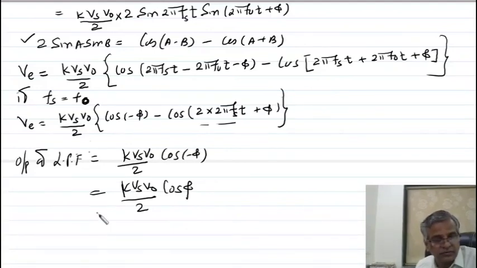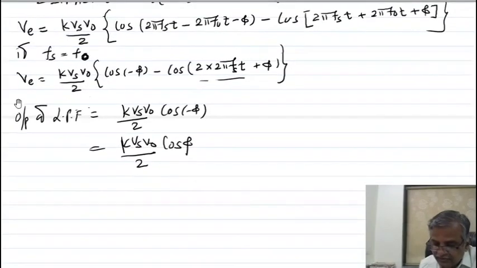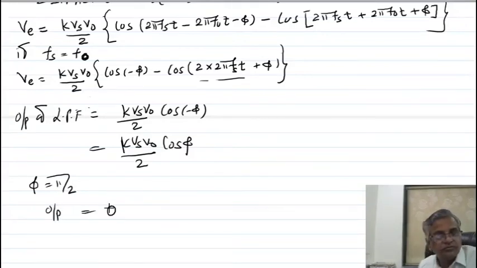As a result, the frequency of the VCO will be changed. This equation indicates that when phi is pi by 2, the output will be 0.